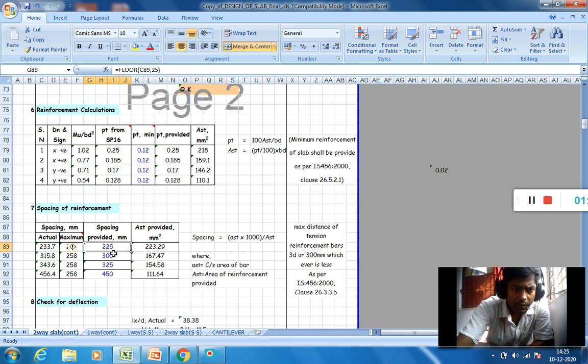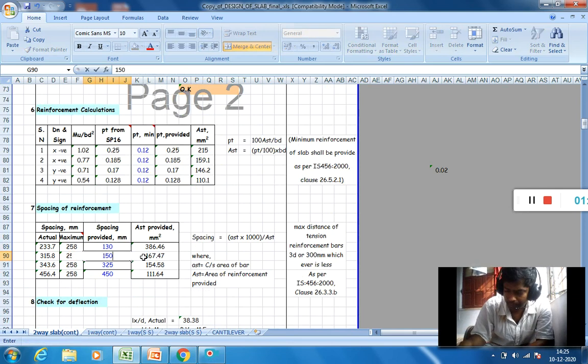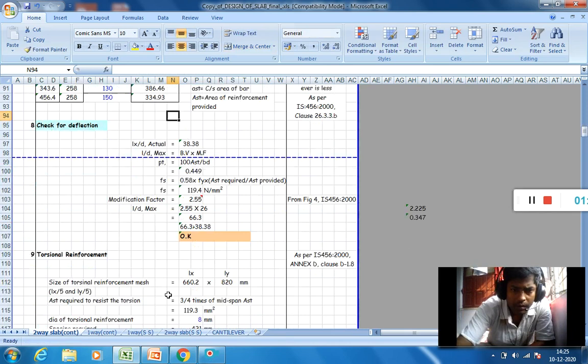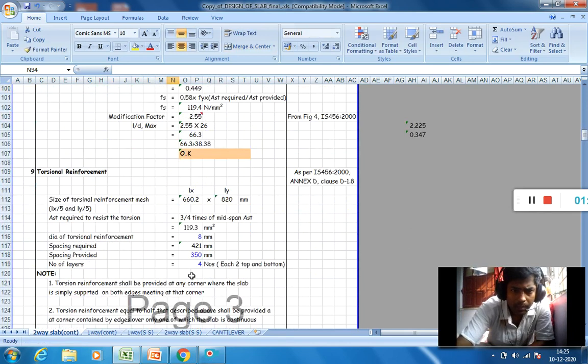We change the spacing provided, 130, 150, 130 and 150. You see that deflection is also automatically checked. When it is okay, the torsional reinforcement comes, spacing provided.